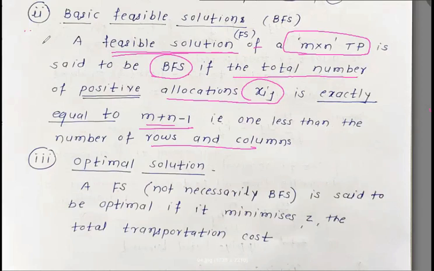In a feasible solution, we determine the values of Xij which satisfy the row sum restriction and column sum restriction.